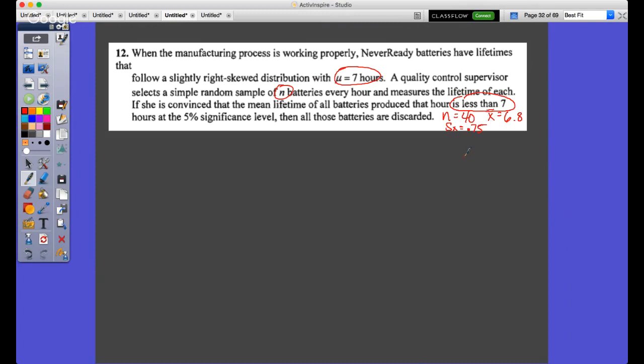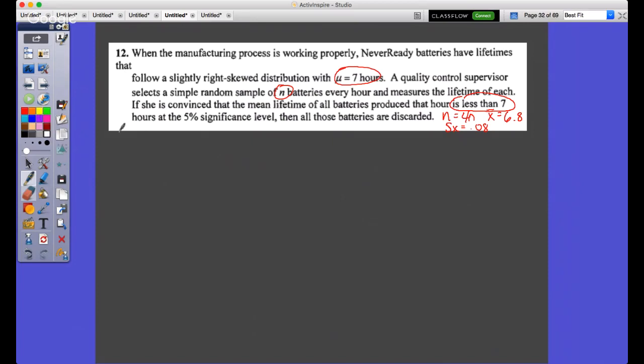I'll make it 0.08. I'm trying to make this make sense. Okay, so the question is: is this statistically significant?